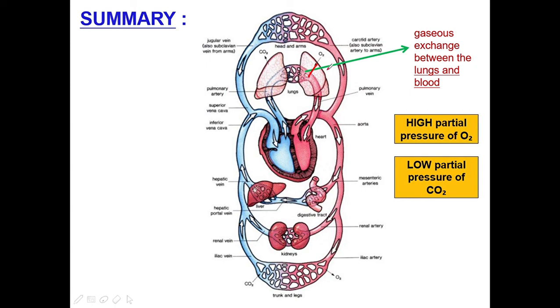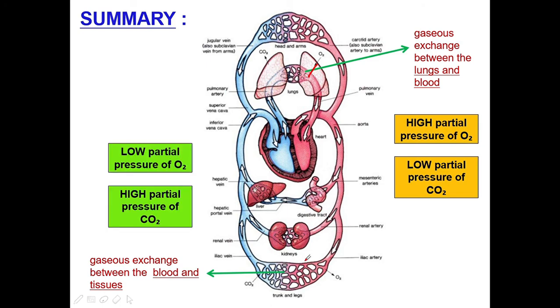Then gaseous exchange occurs between the blood and the body tissues because the body tissues undergo cellular respiration. So carbon dioxide is one of the byproducts that must be removed from our body. Therefore, the blood in this region has low partial pressure of oxygen but high partial pressure of carbon dioxide. And then we learn how carbon dioxide is transported back to the lungs.